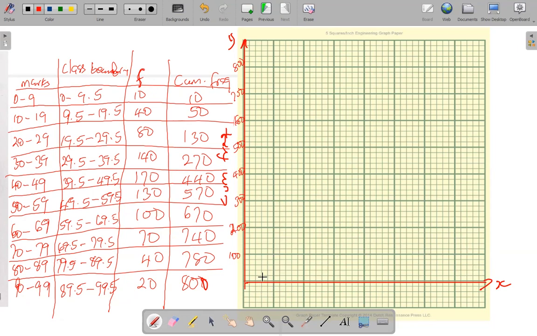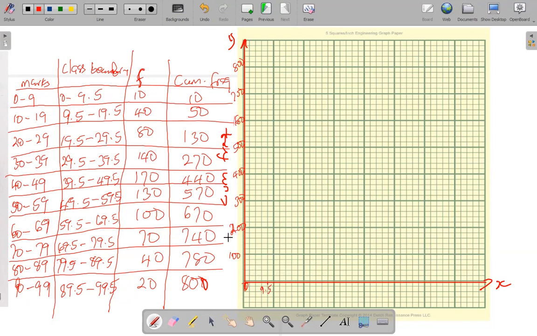What I will do is use these tiny boxes. I will count 4 to represent each one. Remember, my 0 is the origin. So to represent my upper boundary for the first interval, I will count 4 boxes: 1, 2, 3, 4. This is my 9.5.